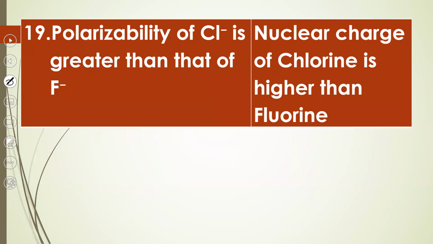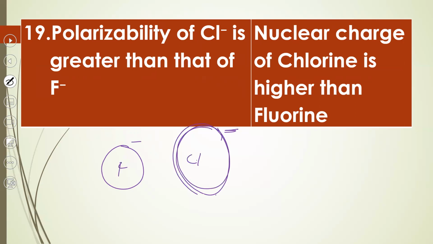Next, question number 19. We only have 80 minutes. Polarizability of Cl minus is greater than that of what? It's very clear: the bigger ion is more easily distorted by cations. So this is fluorine, this one chlorine. Bigger size will distort highly compared to smaller size. So this answer is correct.